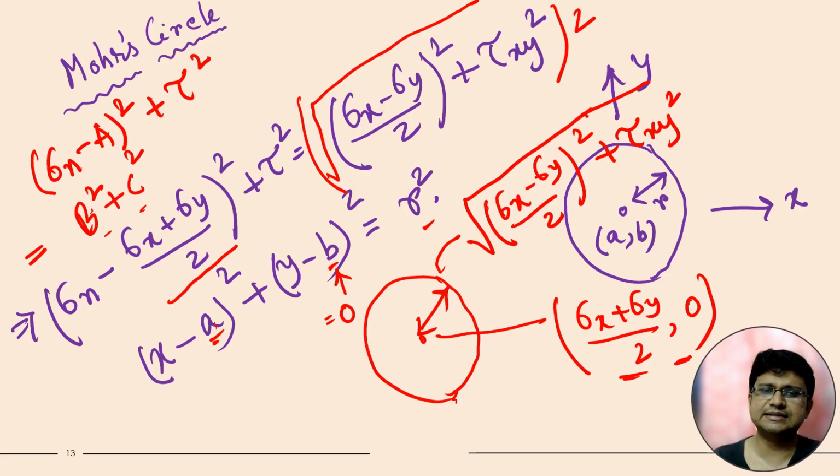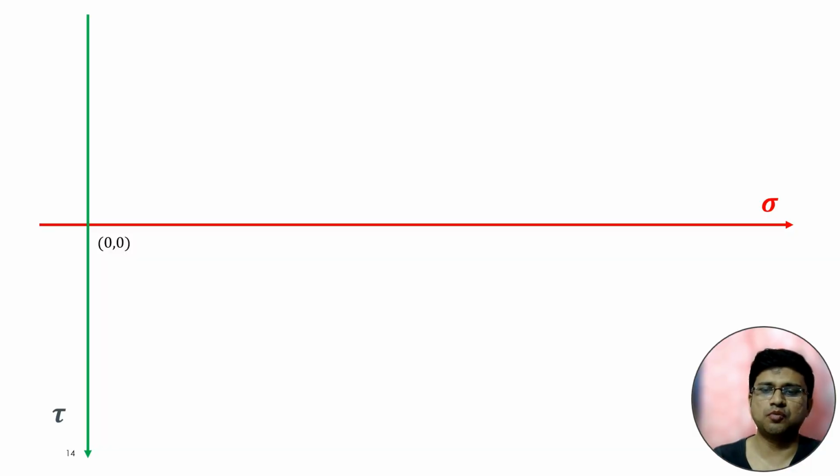Now if we go for the details, then it will be easier for you to understand how to form the Mohr circle and why Mohr circle is so useful. Normally, when we are constructing the Mohr circle, the normal stress will be along the x-axis and the shear stress will be along the y-axis. But for different conventions, for different cases, we consider different things.